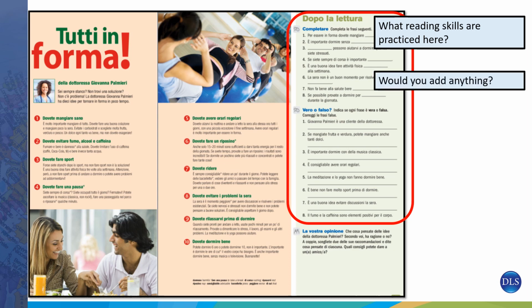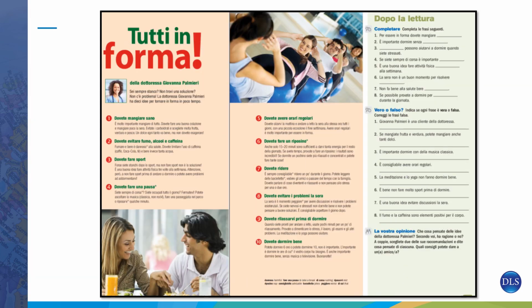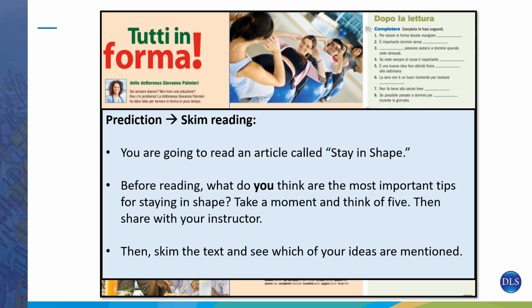Is there anything you would add to the reading exercises here for this text? So you may have noticed that there's not really much of a pre-reading here, and there's no skim reading either. So one thing you might want to add is a pre-reading activity.